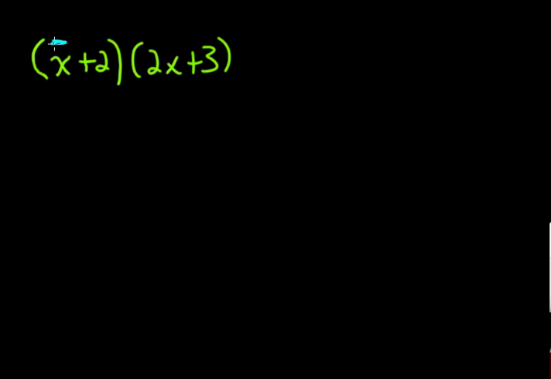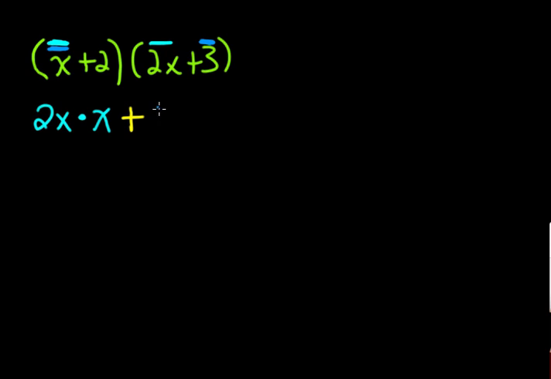So we'll look at the binomial x plus 2 times 2x plus 3. And so our firsts is 2x times x, and then our outers, which is an x and a 3.